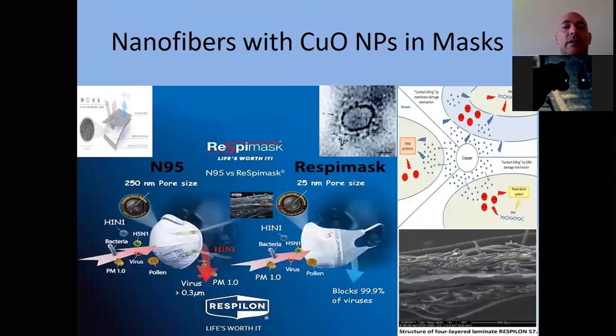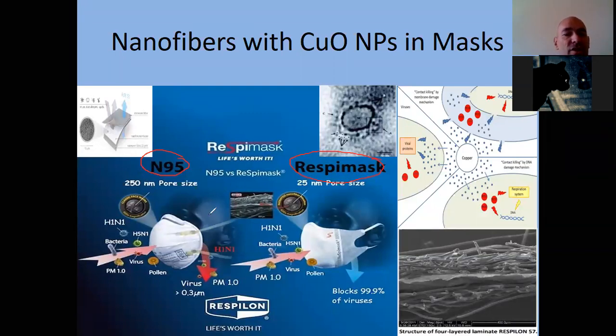The next one is quite similar. This is a product that actually has been available for some time, the RESP mask. And you can see on the right side here, they compare the characteristics of the RESP mask to the N95 mask that probably most people are using right now.